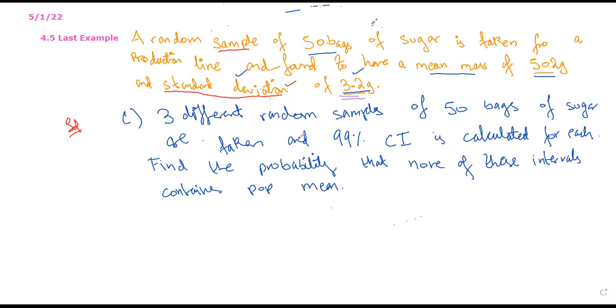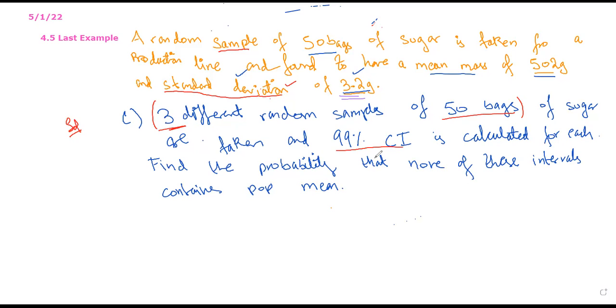So, 3 different random samples of 50 bags. Just think of this part as those questions where 3 balls are taken out of a bag, and you are asked what is the probability that they would be red. Are you familiar with those questions? Yes. Okay, so think of this question that way. Three different random samples of 50 bags of sugar are taken, and a 99% confidence interval is calculated for each.